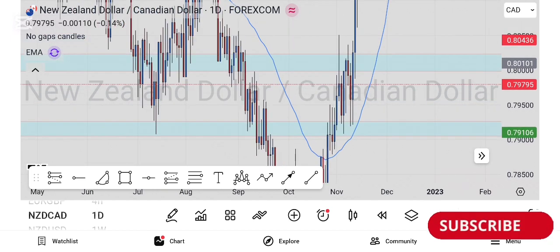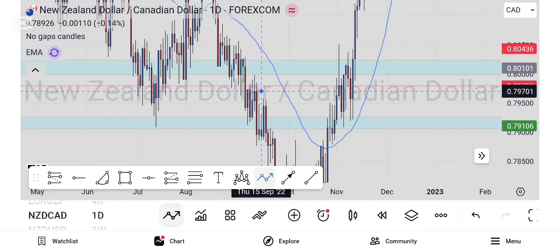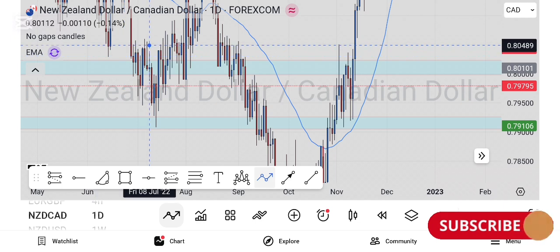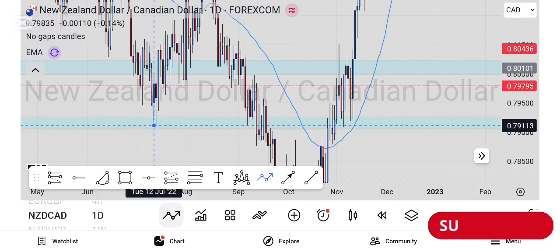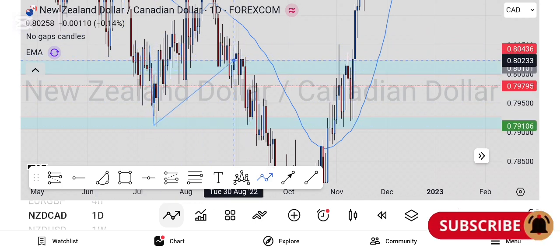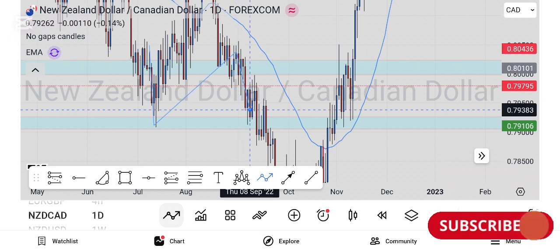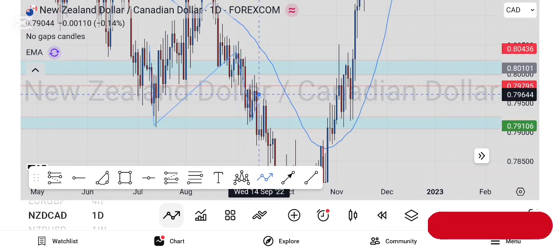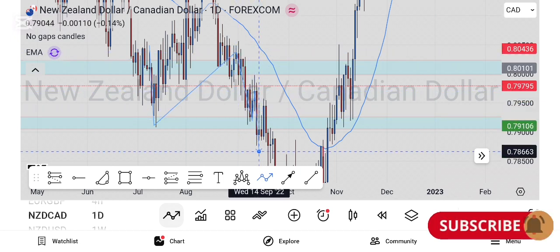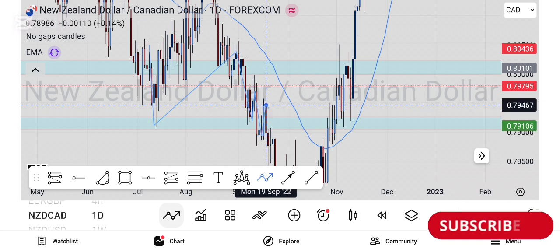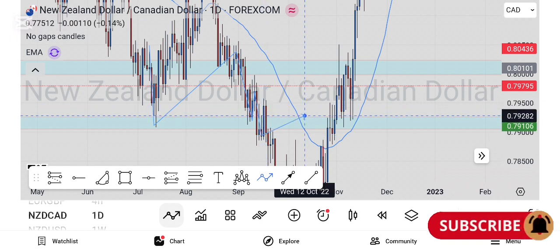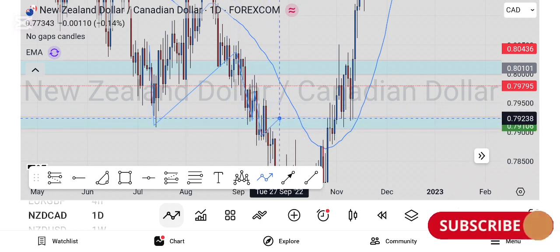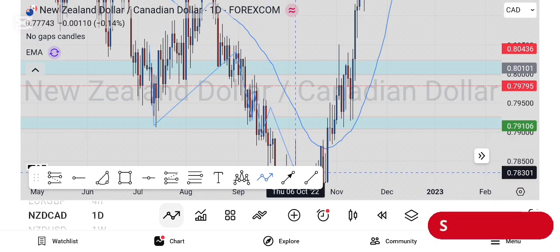As you can see previously, the price came down to this point, rejected this point, went up, came back again to this point here, broke this point a little bit. We had a pullback here to show you that this place is a good zone before the sell continues.